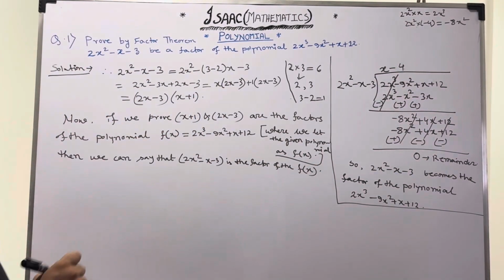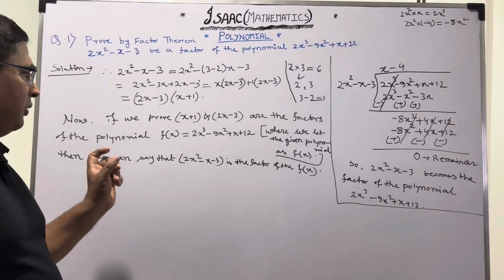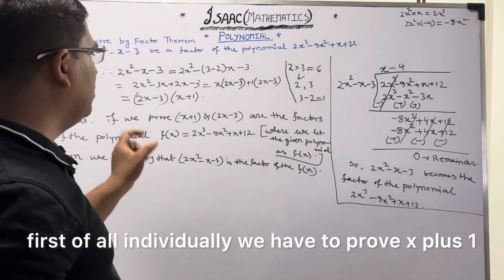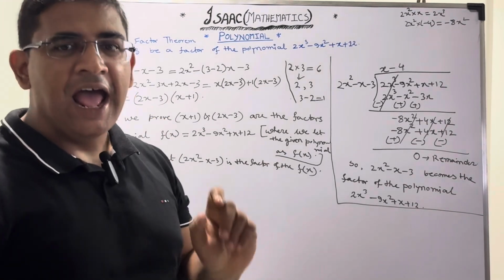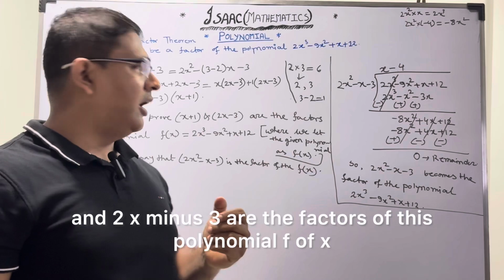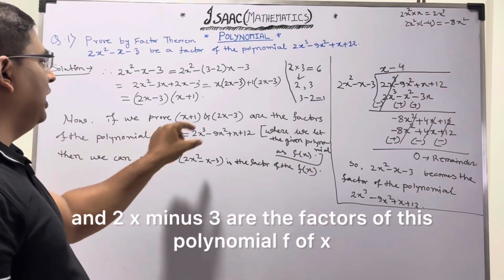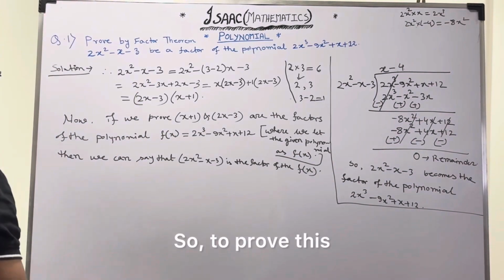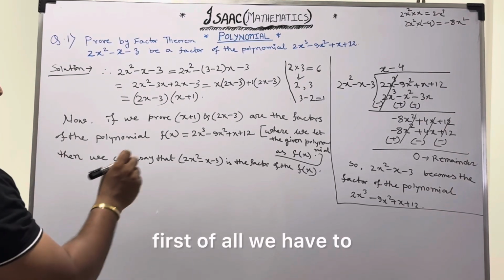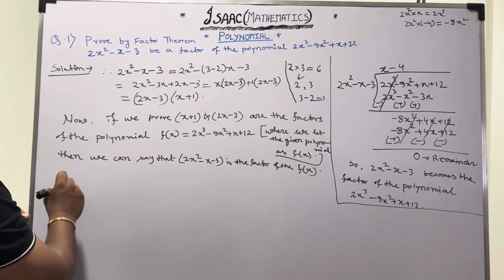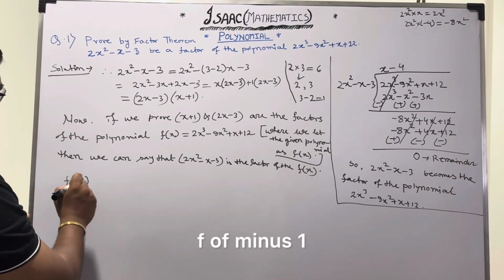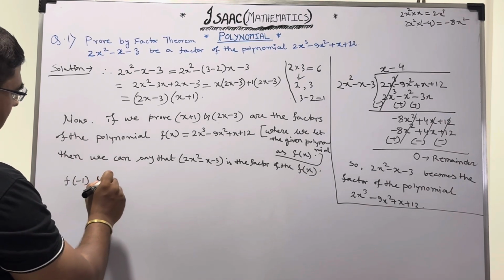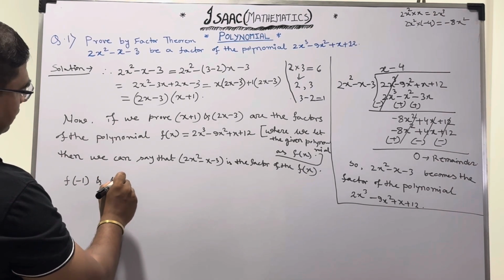So first of all, individually we have to prove that x plus 1 and 2x minus 3 are factors of this polynomial f of x. To prove this, first we have to find f of minus 1 and f of 3 by 2.